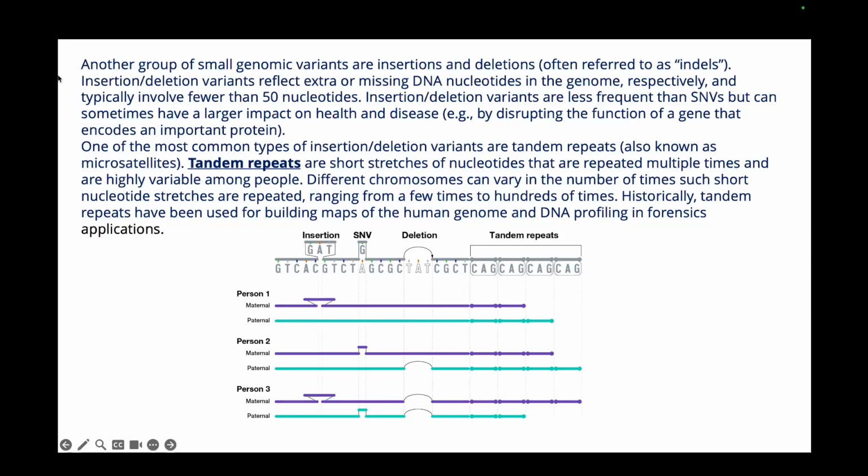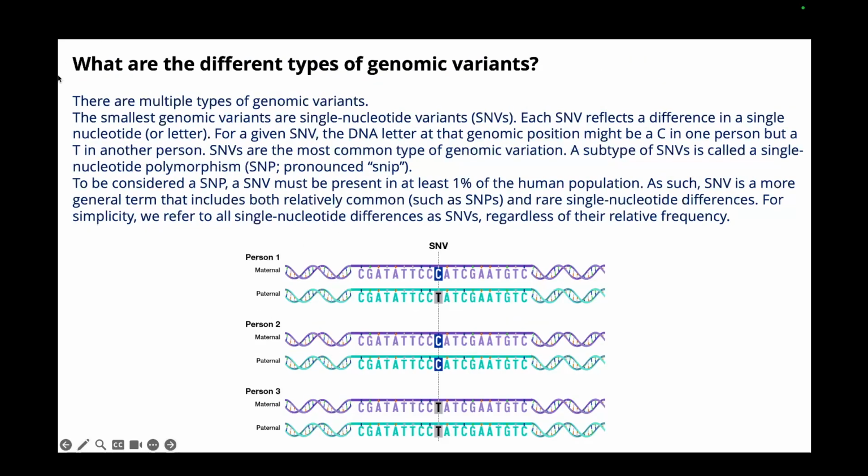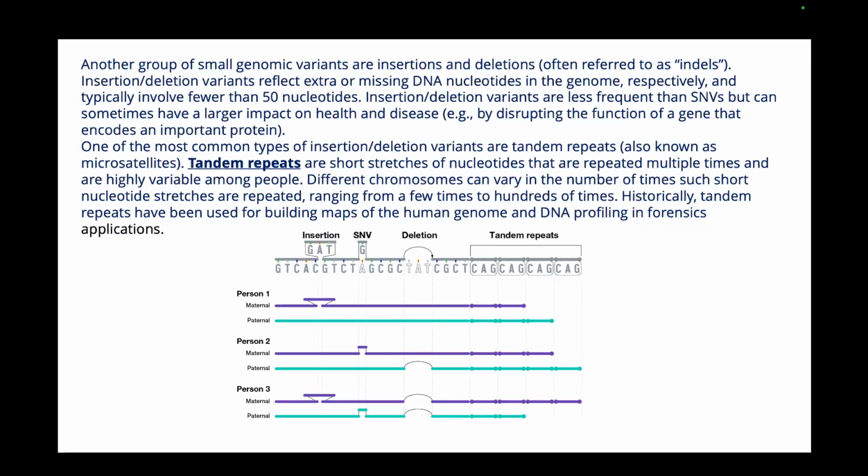We talked about single nucleotide variants, a single nucleotide change, so a C to T or a C to G or a C to A. A single nucleotide has been changed, but there are other types of genomic variants as well, which include small insertions and deletions inside the genome.